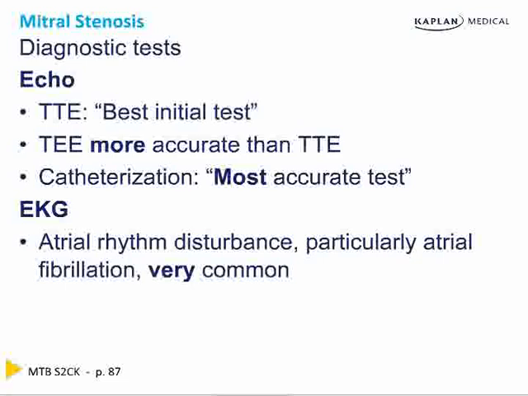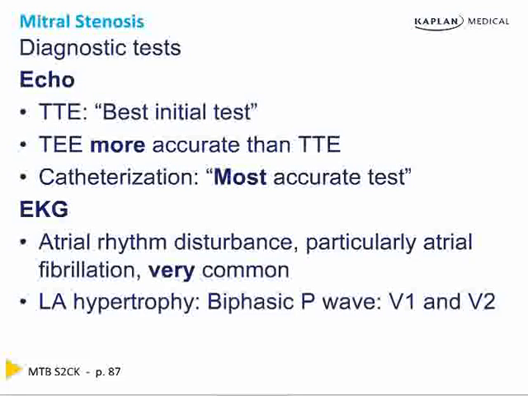The EKG will show atrial arrhythmias, atrial fibrillation, atrial flutter, and left atrial hypertrophy, which is a biphasic P wave. Now, biphasic P waves occur because muscle drives the electricity. Electricity follows the muscle. So if the left atrium hypertrophies and gets big, where's the left atrium?